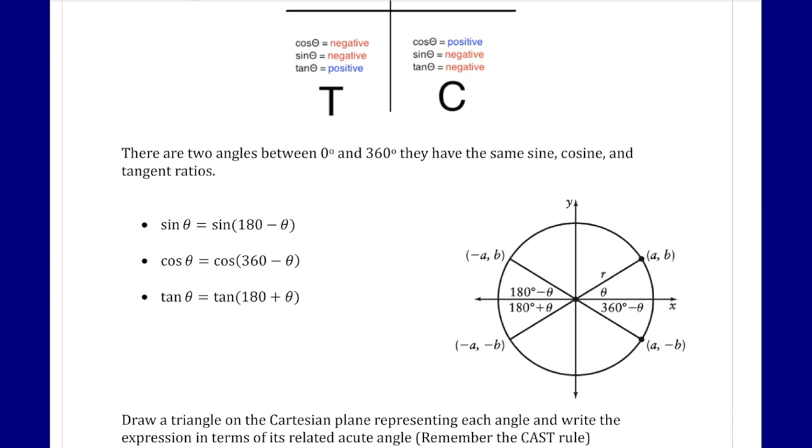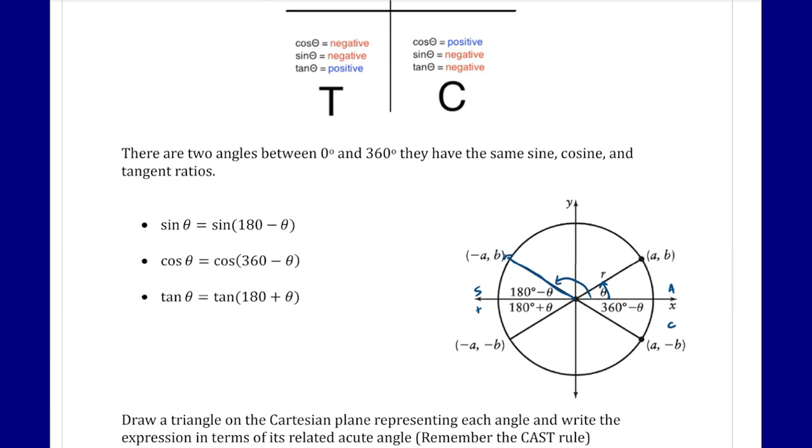We have here two ways, or the formulas. Sine theta equals sine of 180 minus theta. So if we look over at this diagram here, we'll put in our C, our A, our S, and our T. If we have sine theta here, that would be a positive ratio. Because it's in the A area, it will also be positive if we do 180 minus whatever theta is to give us this full angle here.